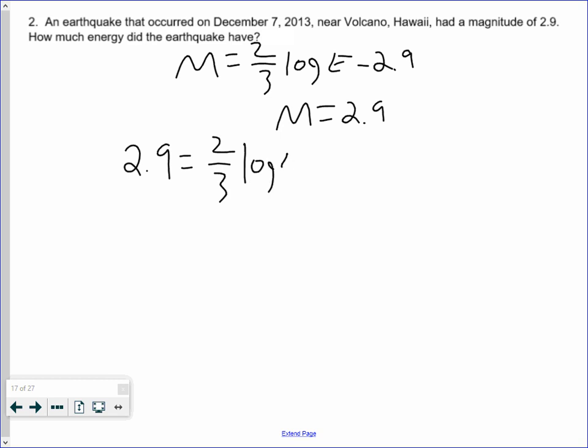2/3 log of E minus 2.9. So we'll add 2.9. We need to isolate the logarithmic function. So add the 2.9 to both sides to give us 5.8 equals 2/3 log of E. And then from here, we're going to multiply both sides by 3/2.